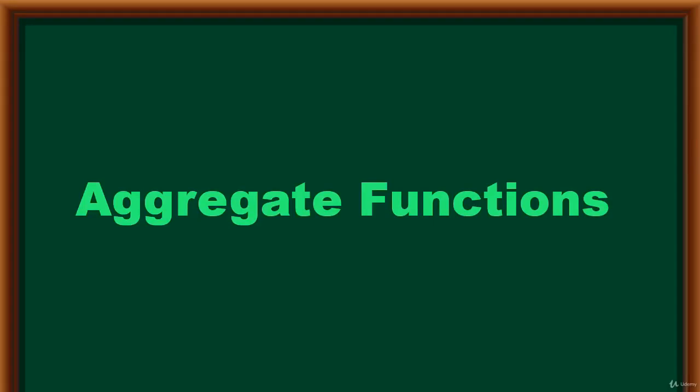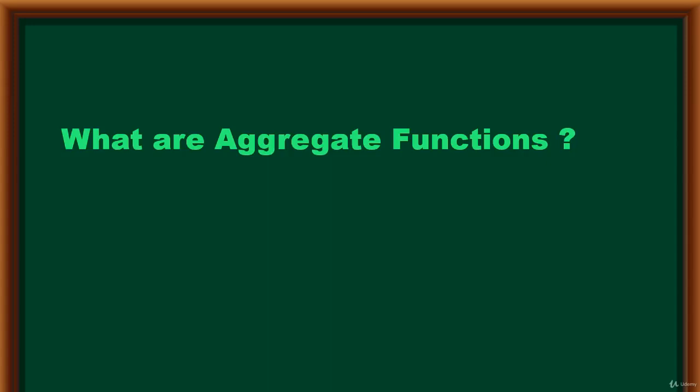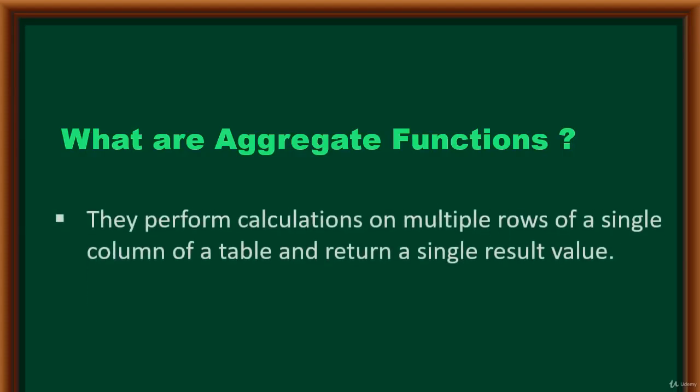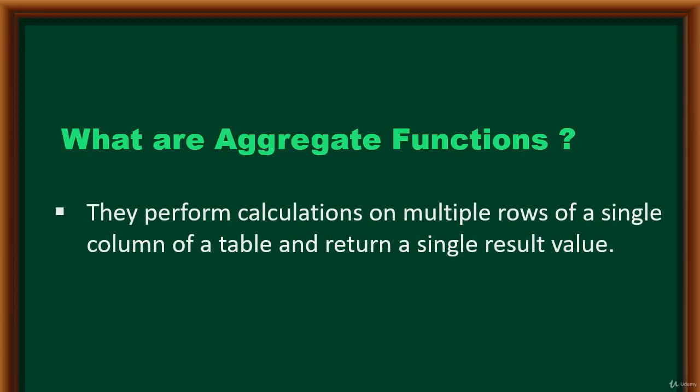In this video, I'm going to introduce you to aggregate functions. What are aggregate functions? Aggregate functions are functions that enable you to perform calculations on multiple rows within a single column of a table, and return a single value as the result.